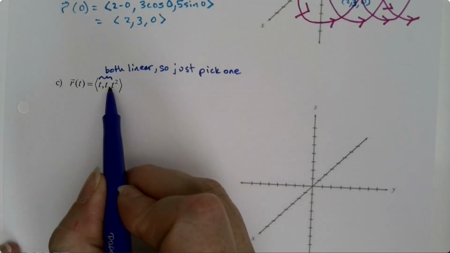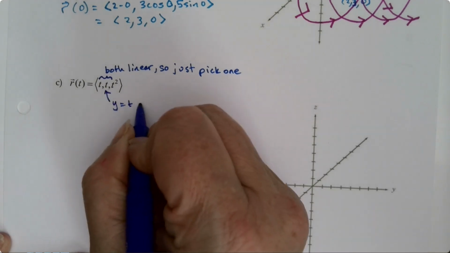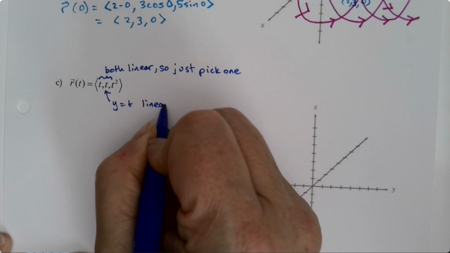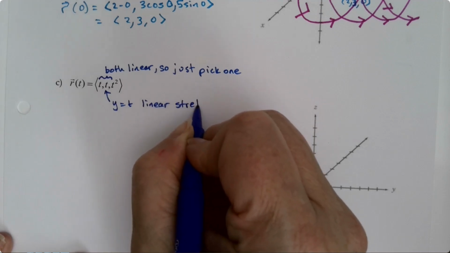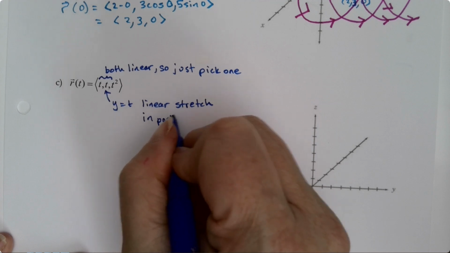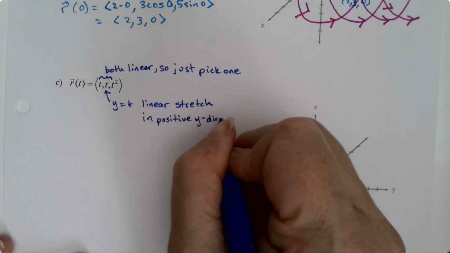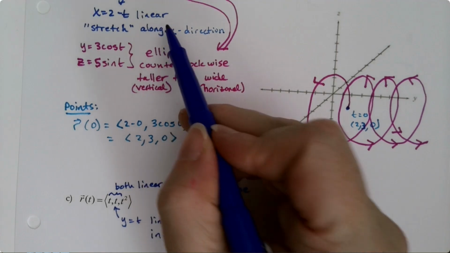I did x as a linear on this one, and I did z as a linear on the other one, and z wouldn't work anyway. So I'm just going to pick y equals t to be linear. So linear stretch in the positive y direction, as opposed to the last one, which had a stretch in the negative x direction.